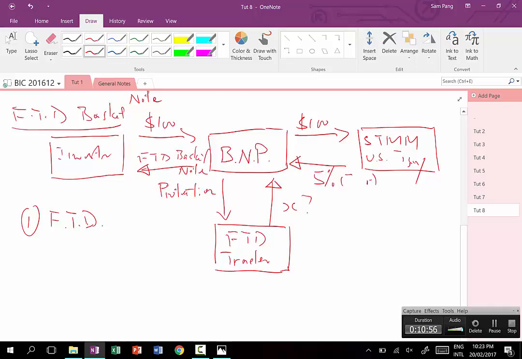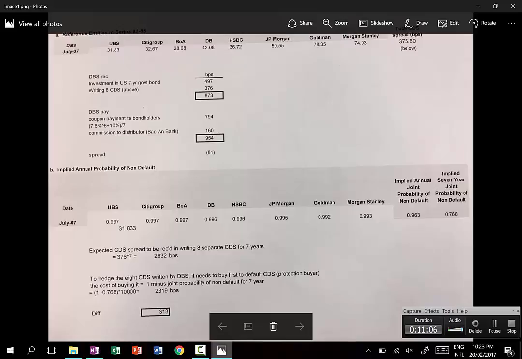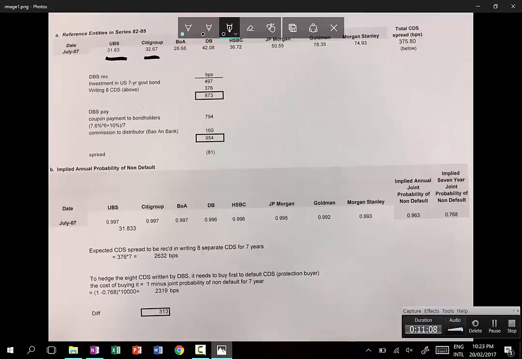So within the next 7 years, okay, if one of these names defaulted, and it doesn't matter which one, if one of them defaulted, okay, you will be hit with that damage, and it's the first one to default. As soon as you have one company defaulting, okay, then you are going to be hit.